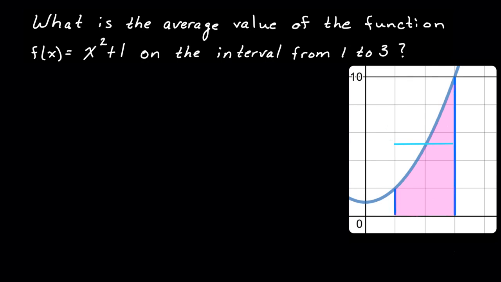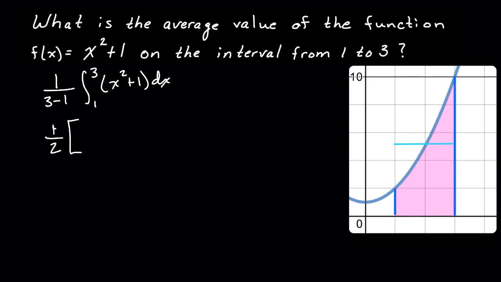All right, so let's actually calculate the area. And so what we're looking at is going to be 1 over b minus a, so this is 3 minus 1, times the integral from 1 to 3 of x squared plus 1 dx. So we end up with 1/2, and the integral is going to be x cubed over 3 plus x, and we're going to evaluate that integral between 1 and 3.